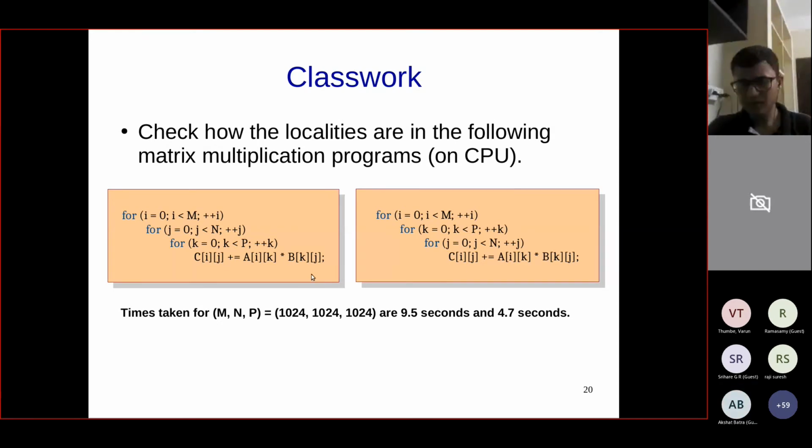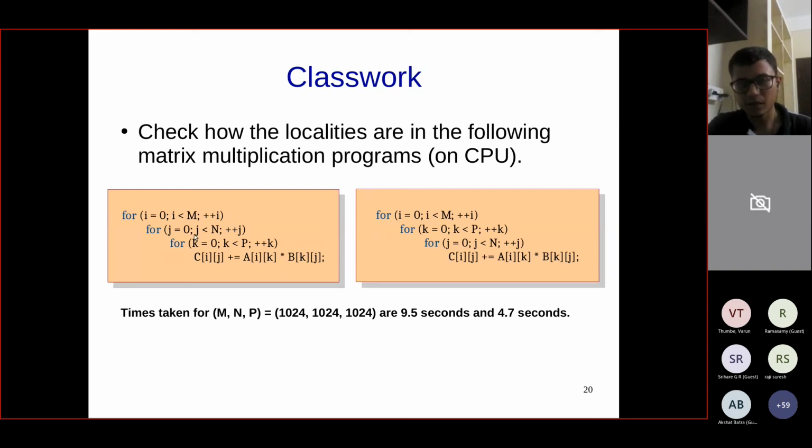And one more small reason is that B, which we are accessing in column major order in the first snippet, is accessed very frequently.